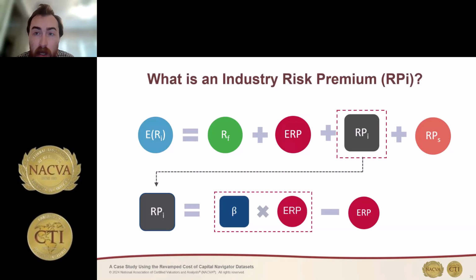So if we want to calculate an industry risk premium, we're going to need two inputs, the beta and the ERP. And you should be consistent with your ERP selection, in the sense that the ERP you use in your cost of equity should match the ERP underlying your industry risk premium, to be theoretically correct.